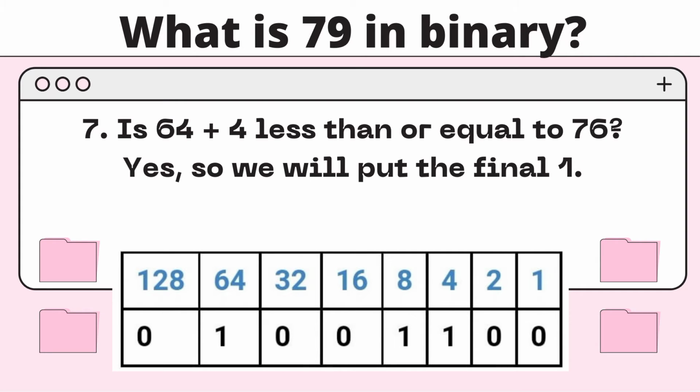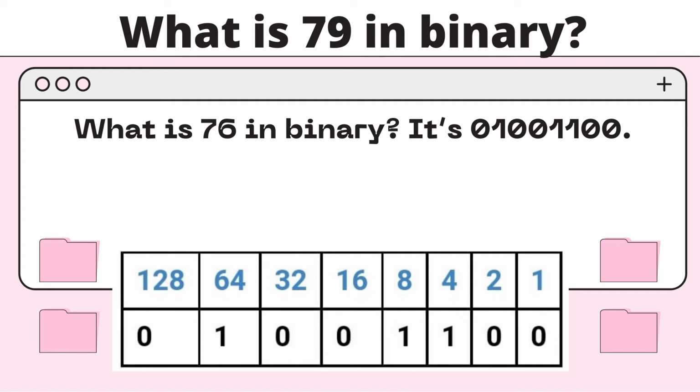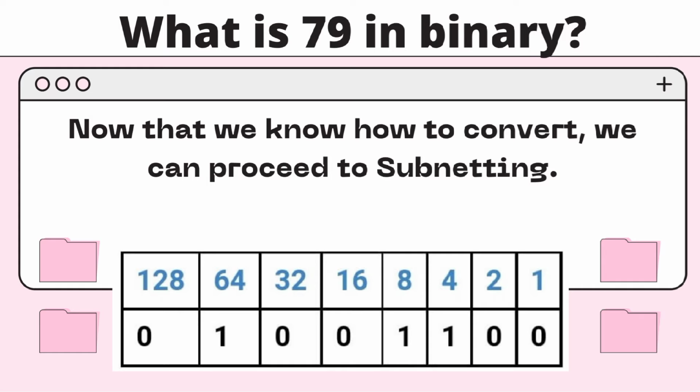Is 64 plus 4 less than or equal to 76? Yes, so we will put the final 1. We already have the exact number we needed, so there is nothing left over after that, so just put 0 for 2 and 1. What is 76 in binary? It's 0100 1100. Now that we know how to convert, we can proceed to subnetting.